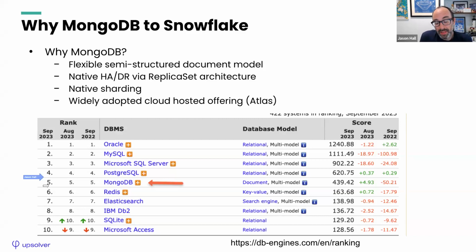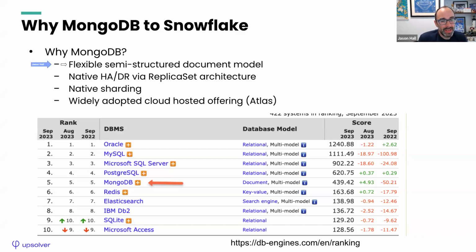Now, why is that? We mentioned MongoDB is the top database on this list that doesn't fit into what we would consider a traditional relational database, right? MongoDB wasn't necessarily the first database, but maybe the most popular database to natively support storage in a semi-structured document model, right?